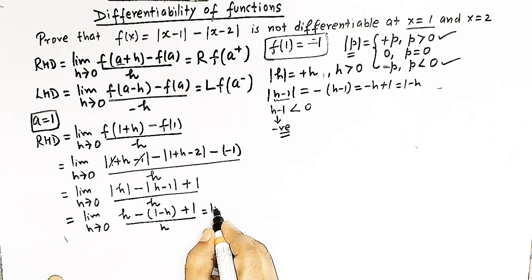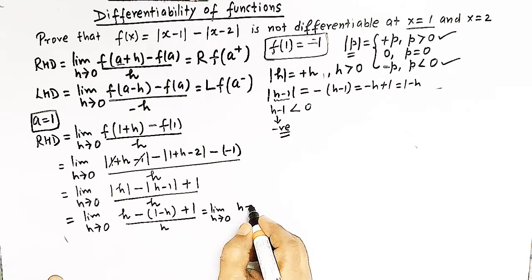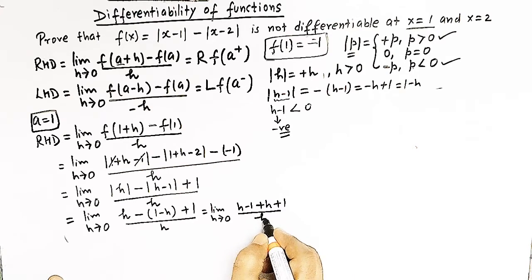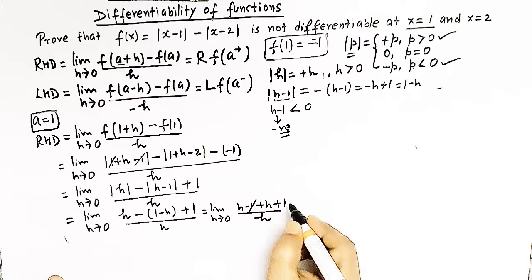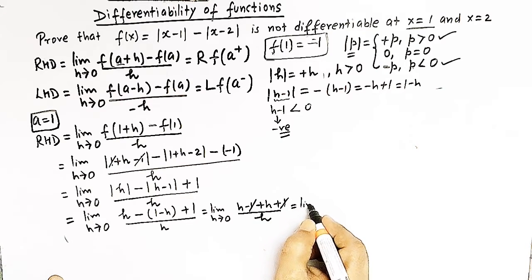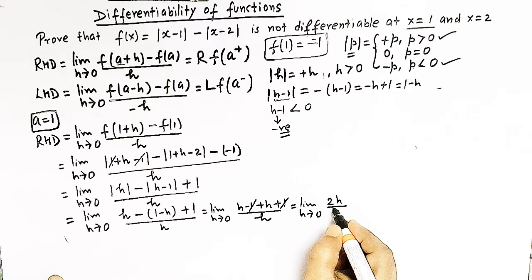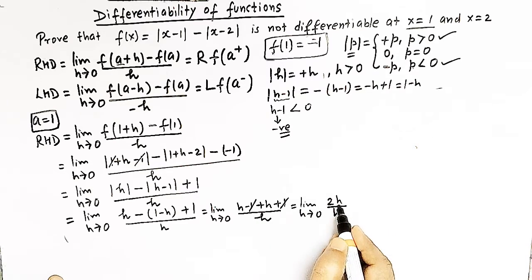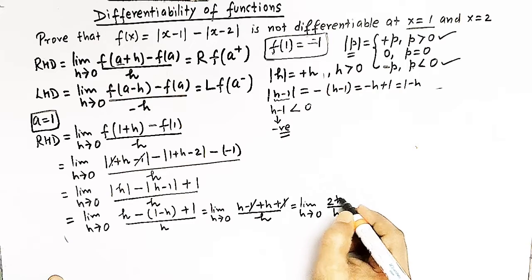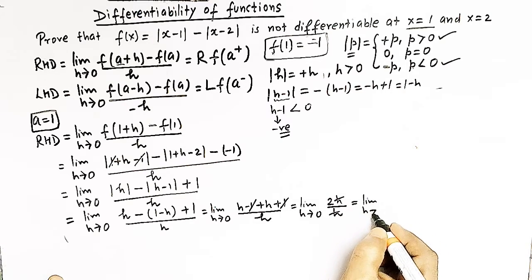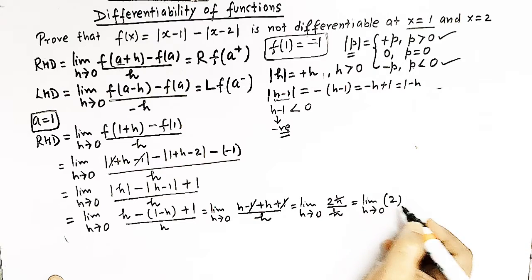So this is limit h tends to 0, and here we have h minus 1 plus h plus 1 over h. Now minus 1 and 1 get cancelled. We have limit h tends to 0, this is 2h over h. h plus h is 2h over h. h and h get cancelled. We have limit h tends to 0 of 2, right?